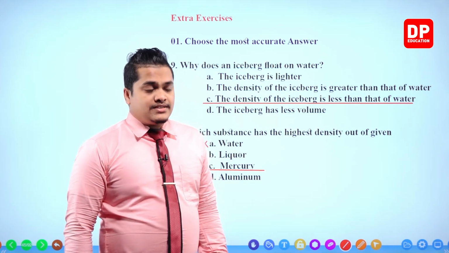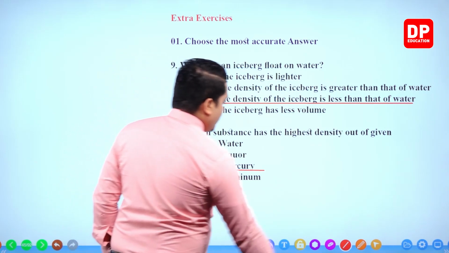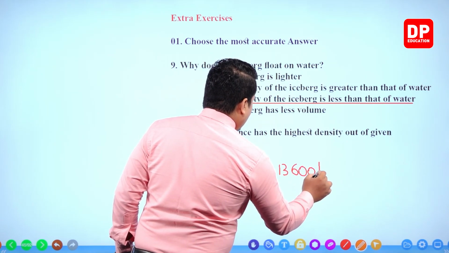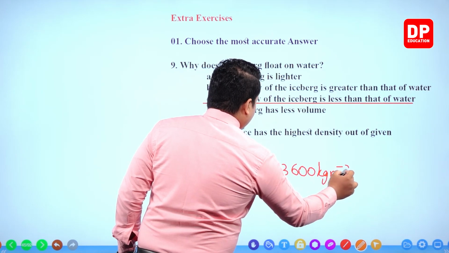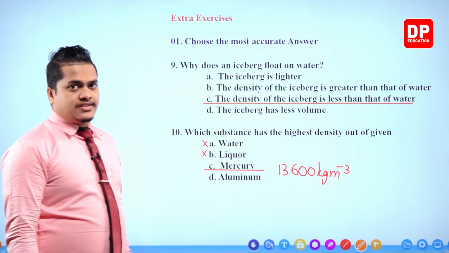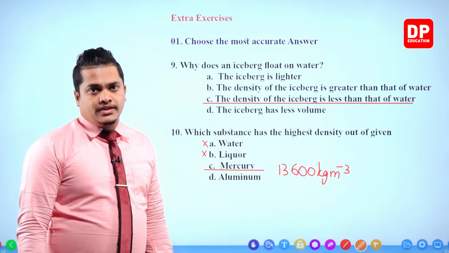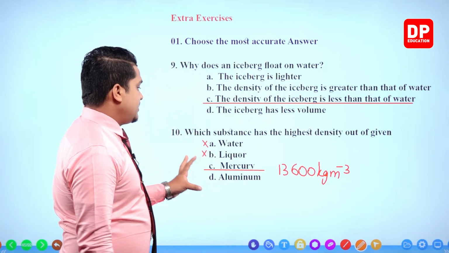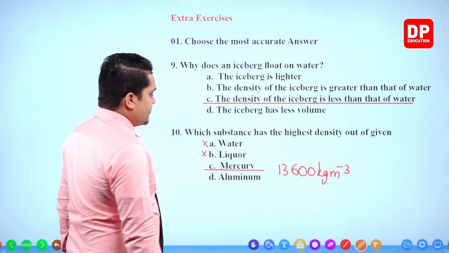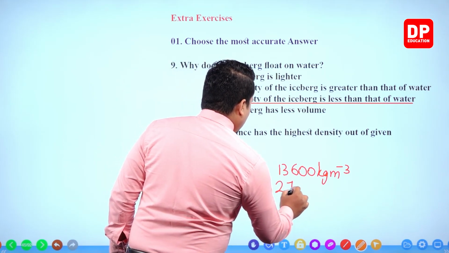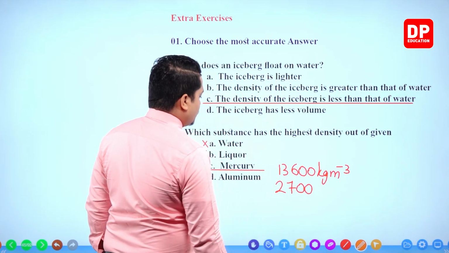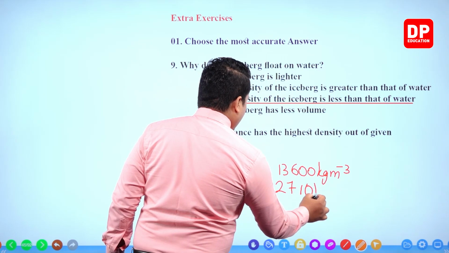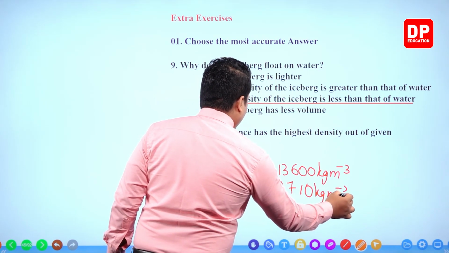Density of mercury is actually in value equal to 13,600 kilograms per cubic meter. But however, my dear children, if you take the density of aluminium, it is something around 2,700, to be exact 2,710 kilograms per cubic meter.